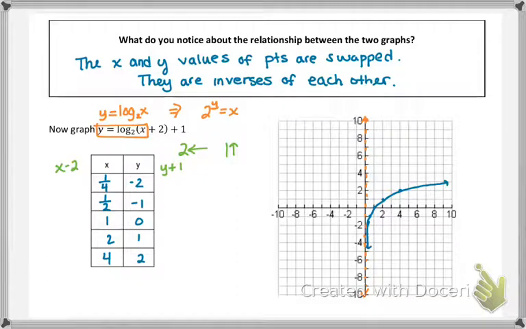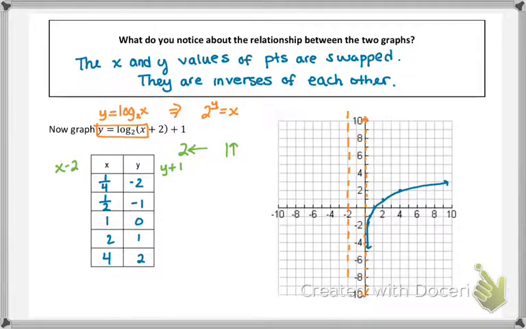And notice what happens to this invisible vertical line, this asymptote. Since I'm sliding everything left 2, I know that my asymptote is going to move over as well. So I'm going to shift that asymptote over. It's now going to be here since I'm moving everything left 2.